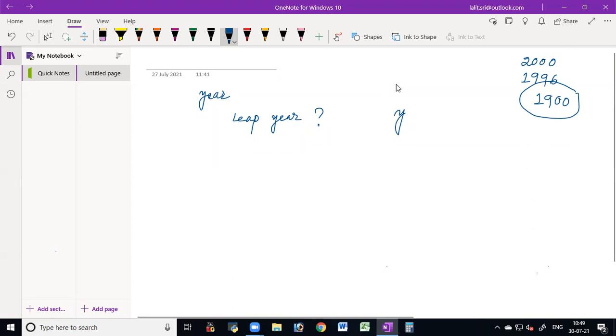So how can I know whether it is 365 days or 366 days, or whether February is 29 days or 28 days? I cannot know all these factors, but I can know whether this year is divisible by 4, because we know that in each 4 years a leap year comes.